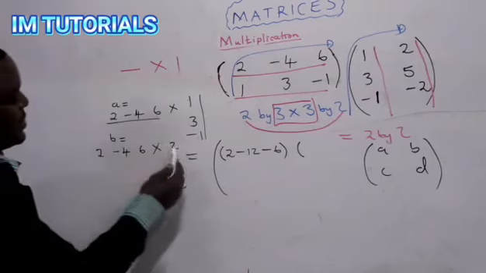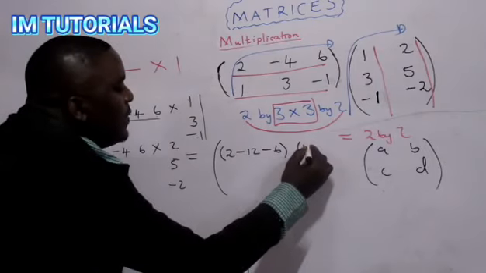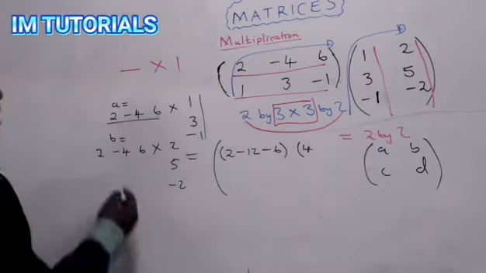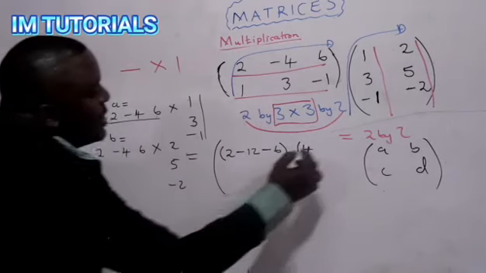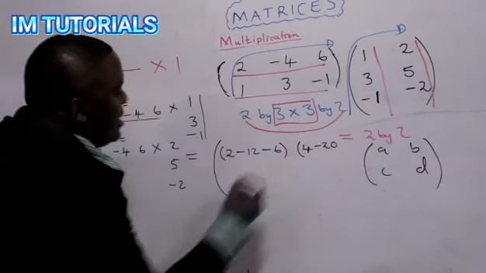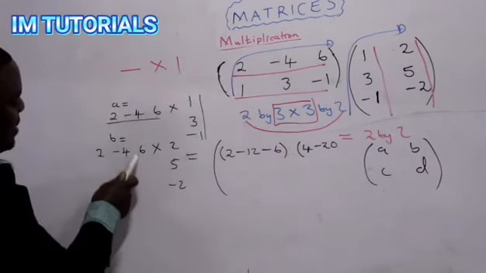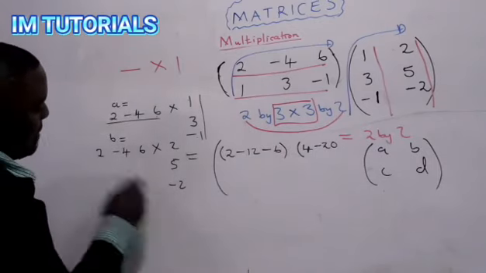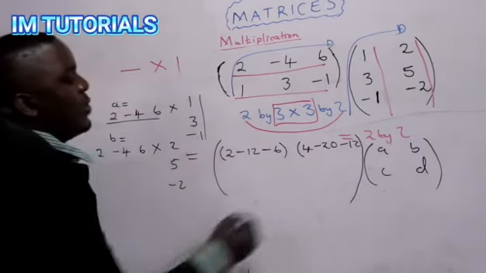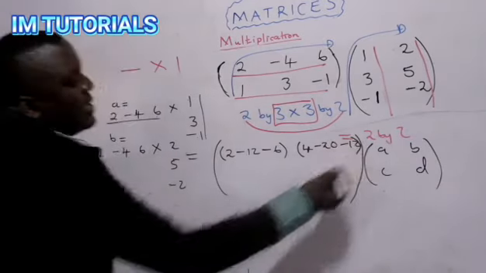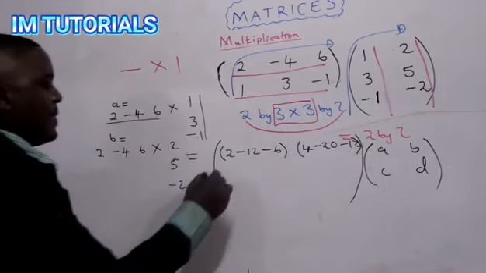So 2 times 2, you get 4. Then you write 4. Middle number times middle number: minus 4 times 5, you get minus 20. Then last numbers are 6 and minus 2, you get minus 12. I hope you are listening, class. So this is representing B.